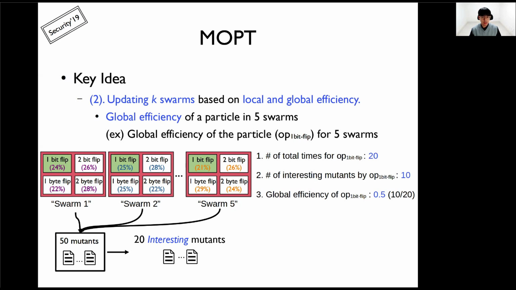In this situation, the number of interesting mutants contributed by the 1-bit flip operator and the total sample time of the 1-bit flip operators are 10 and 20 respectively. Then, using this same equation of the local efficiency, the global efficiency of this operator will be 0.5 in this case.